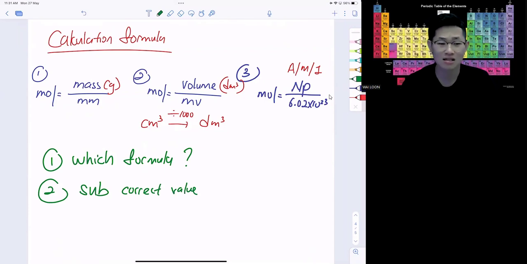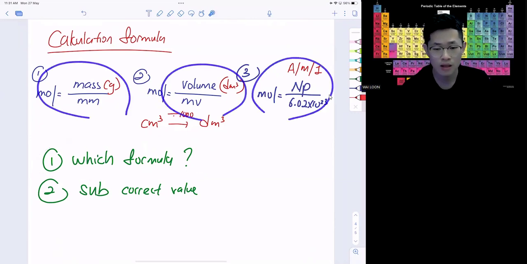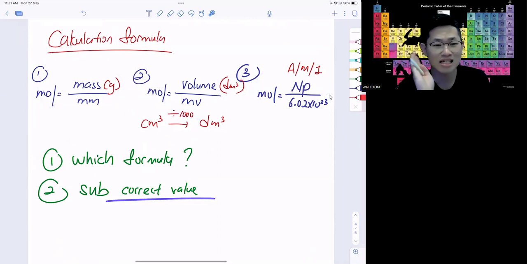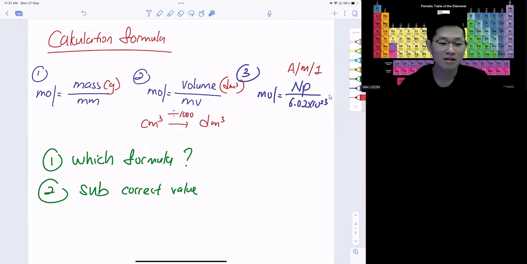That's how you get the answer. It's very simple. Students often make mistakes because, first, they are not sure of the formula and don't know which formula to use. And second, they simply sub values. It's not that hard.